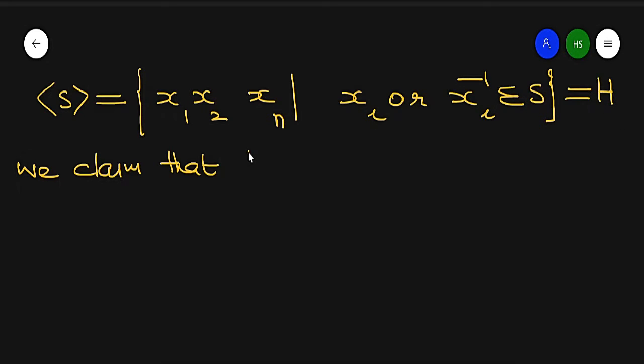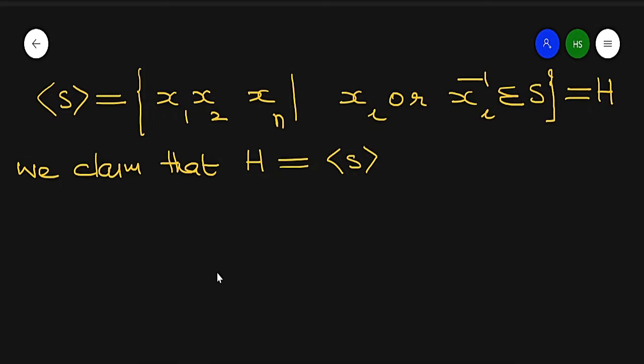H is equal to the subgroup generated by S. So this is H and I want to prove that H is the subgroup generated by S. This set is equal to the subgroup generated by S. So how will I prove that? If I prove it is the smallest subgroup which contains S.